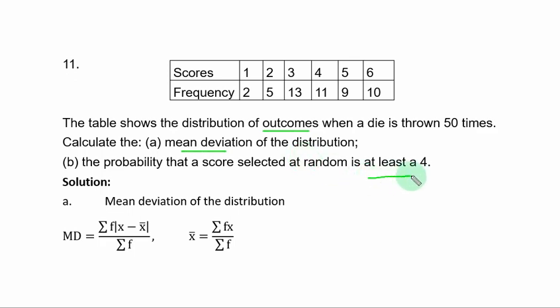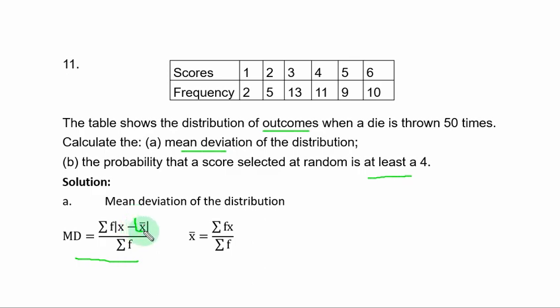Solution. For the mean deviation, because the scores involve frequencies, we use this formula. Though you are not asked to find the mean, the mean is required in order to find the mean deviation.